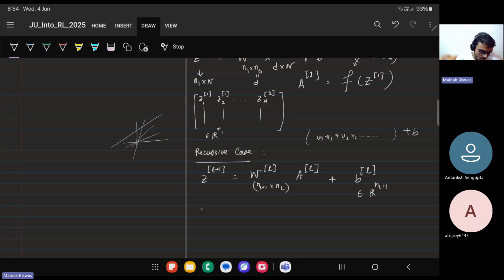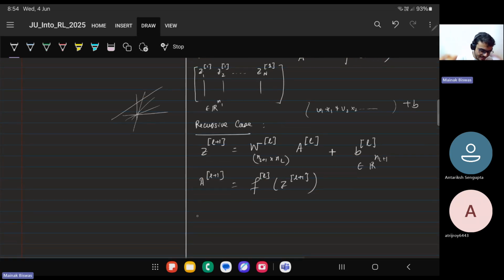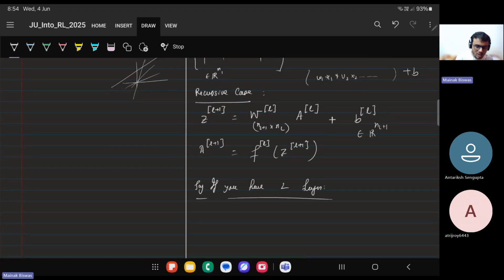If you're not following, I'll come back to this. And A(L+1) will be F of Z(L+1), so this is the activation function at layer L+1. You can use different activation functions at different layers, no problem. So this is the end case, and say if you have L layers, finally you're doing some classification or prediction, yes or no?